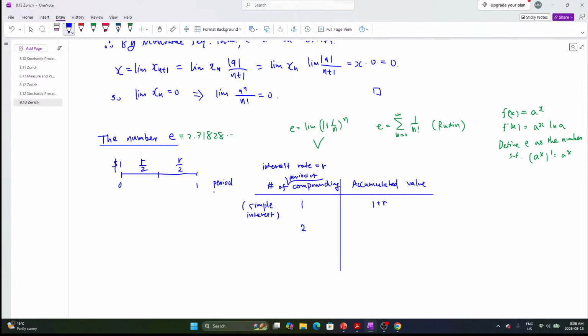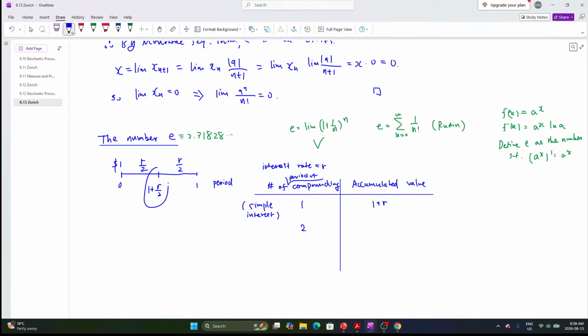So in this situation, after the first period of compounding, you get 1 plus half R. That's your total wealth. And then you deposit the new principal. You're not going to extract the interest.